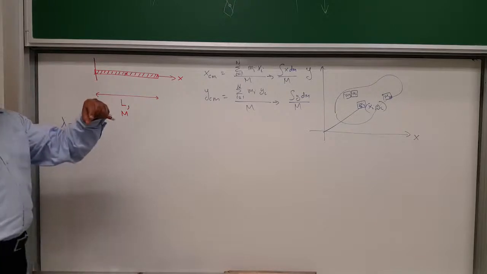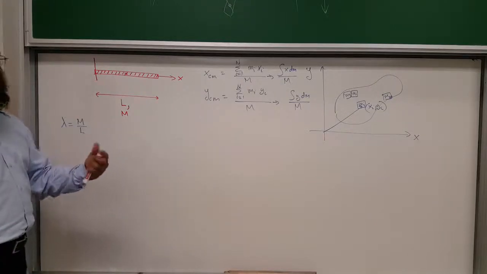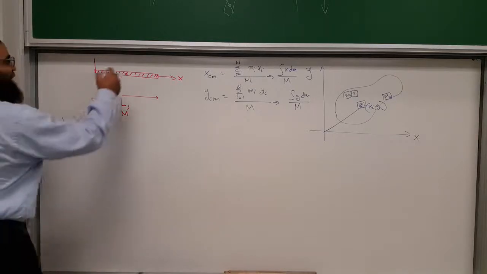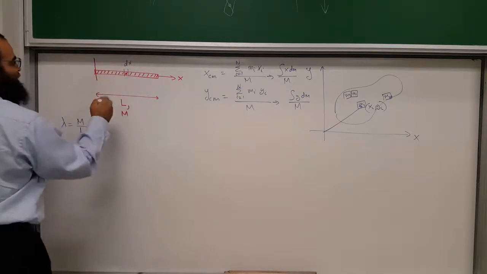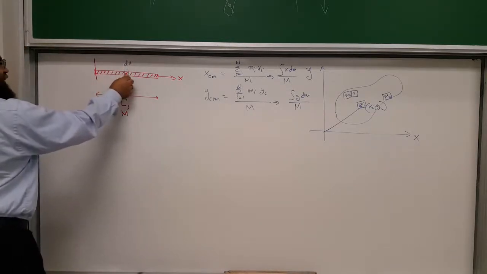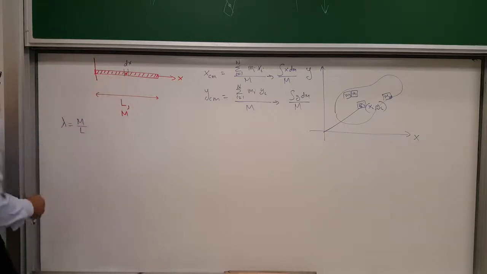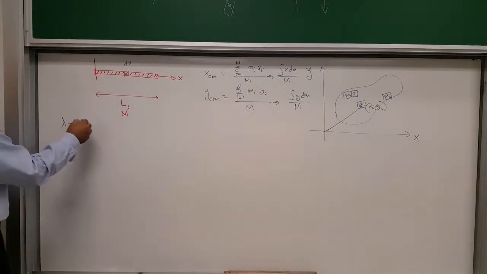If I take 1 centimeter, 1/100th of a meter, it will have 1/100th of the mass. So it will tell you how much mass is contained in a segment dx. So let's say here a segment dx, of width dx, will have a mass of dx times this mass density. If you have the total length, it will be this density times the length, which gives you the total mass.